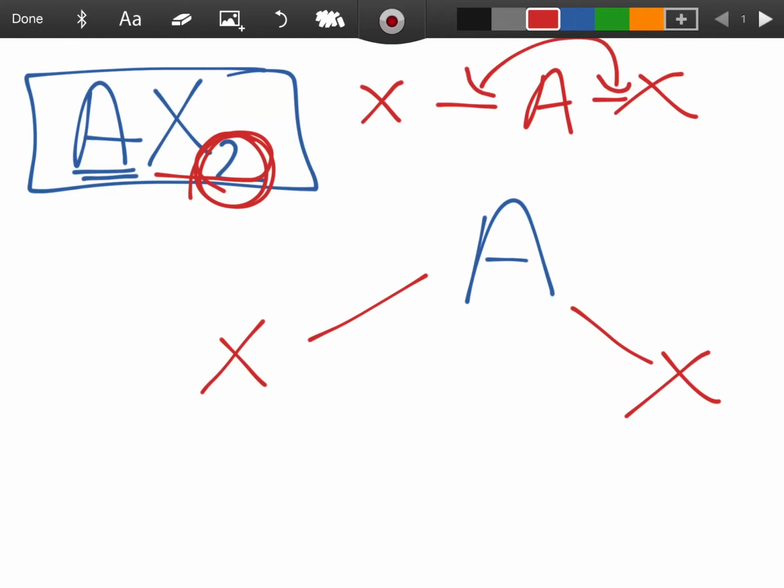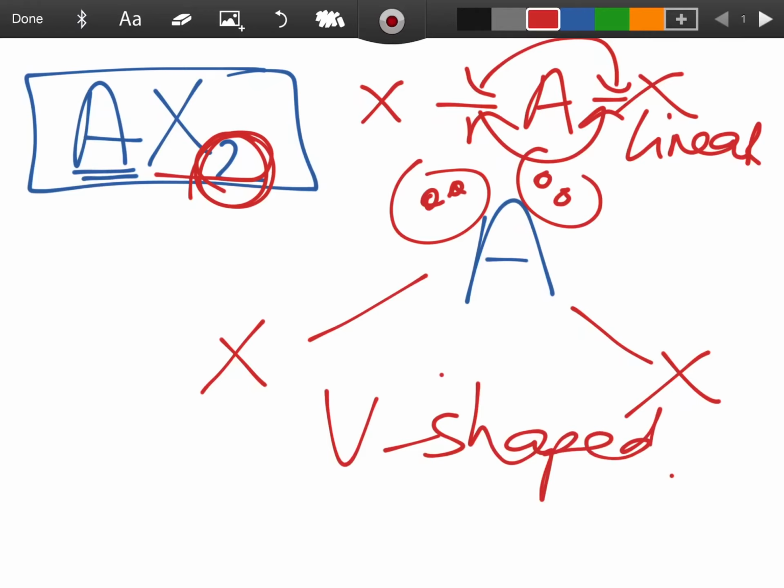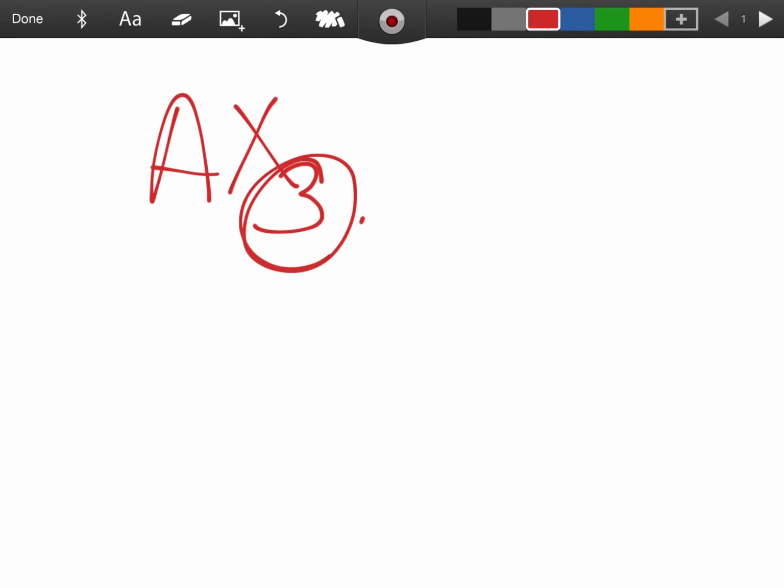Well, I could have a situation where I have AX like that, and you have 2 bond pairs. That would be linear. But what about where I have 2 bond pairs and 2 lone pairs? That would be V-shaped. So if they ask you, give possible shapes for a molecule with formula like that, watch for the bond pairs. 2 bond pairs.